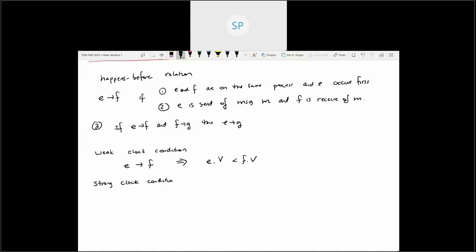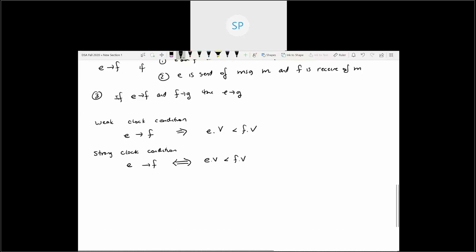But then we wanted something stronger, because the weak clock condition is not bidirectional. We wanted the bidirectional, and that's the strong clock condition. That's E happens before F if and only if the timestamp of E is strictly less than the timestamp of F.